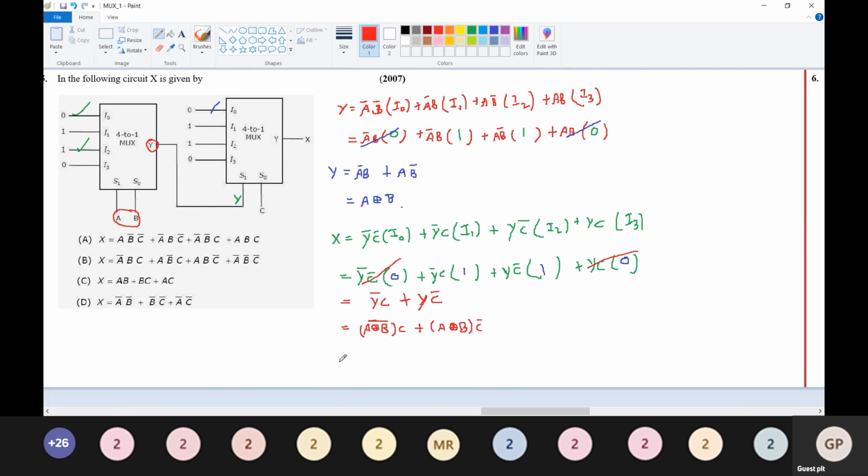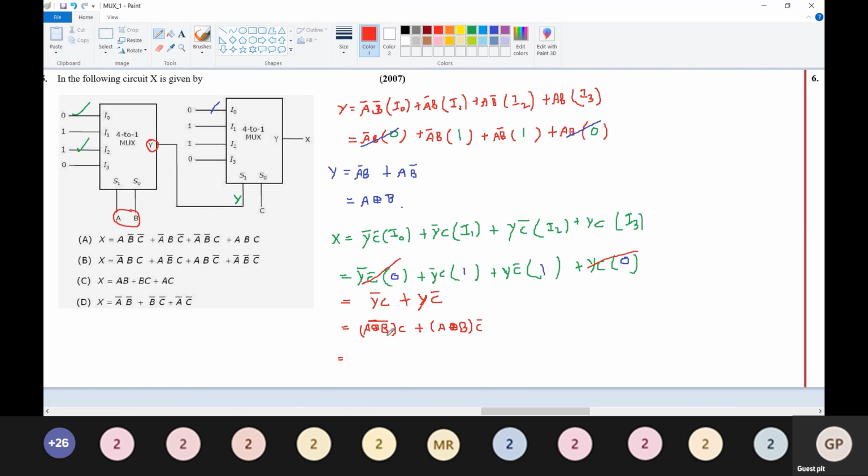Next step. So we see here A XOR B whole dash.